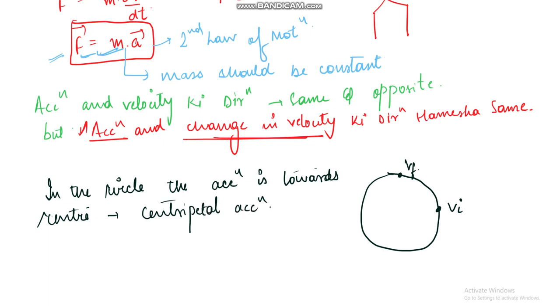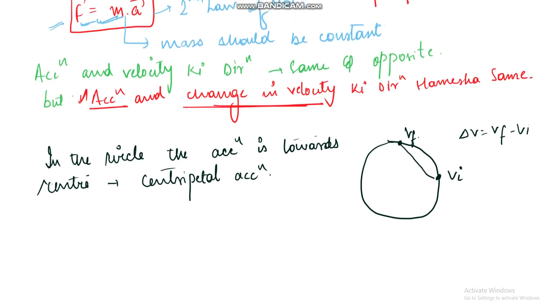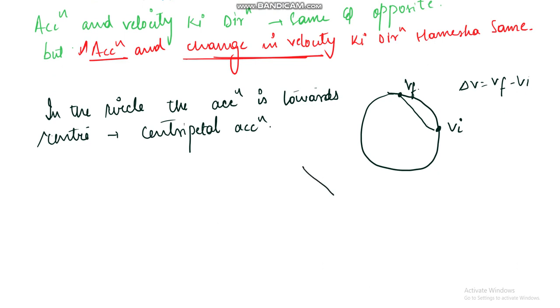Now what is delta v, which is vf minus v initial? So vf is like this and vi is like this because it is minus v initial, so delta v is towards the center.